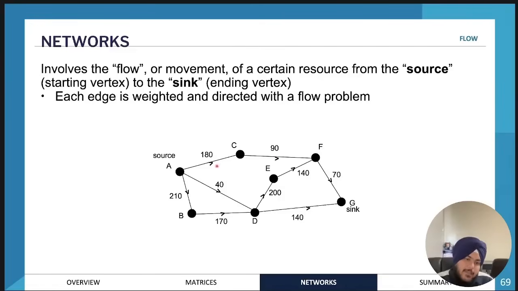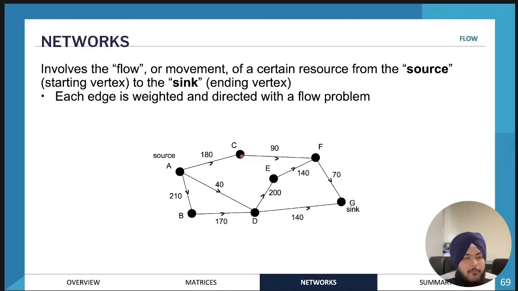And these numbers indicate the maximum capacity of each pipe, usually each second, or for a certain time period. So this 180 might mean that 180 liters of water are passing through this edge every second.